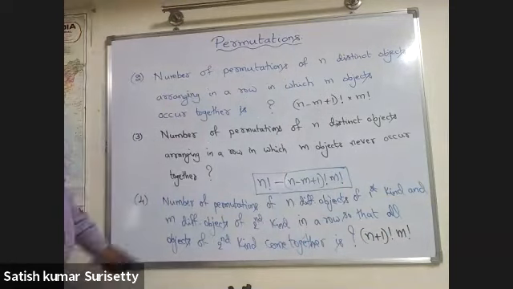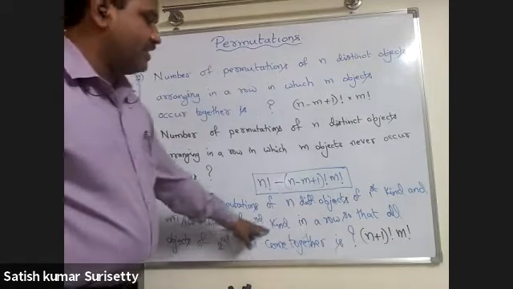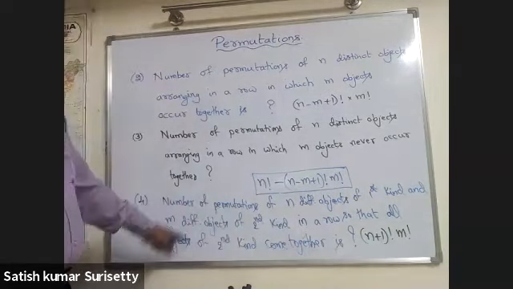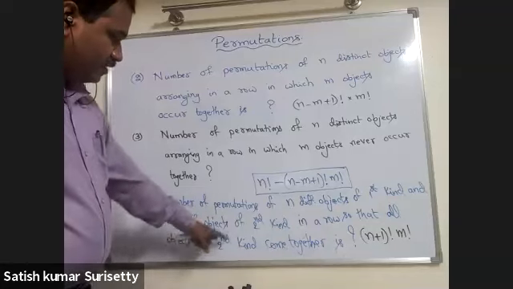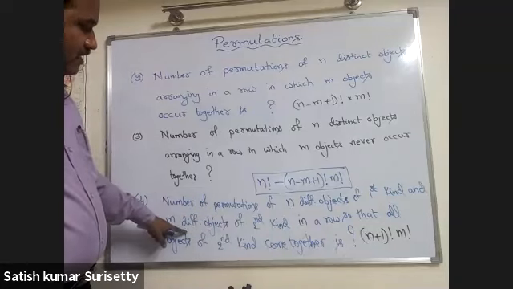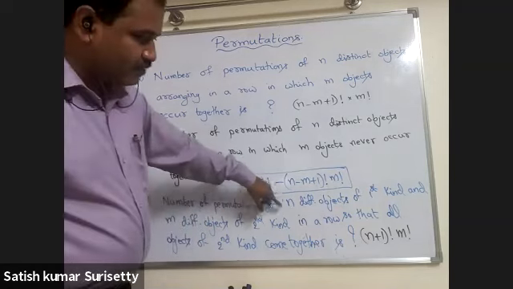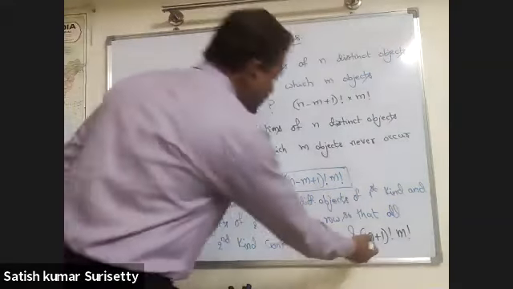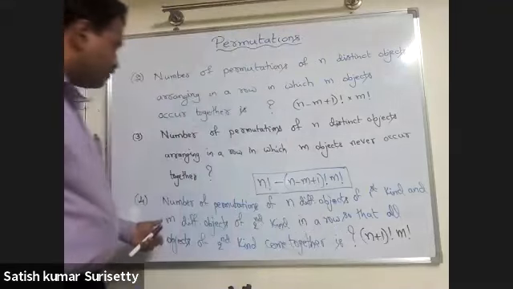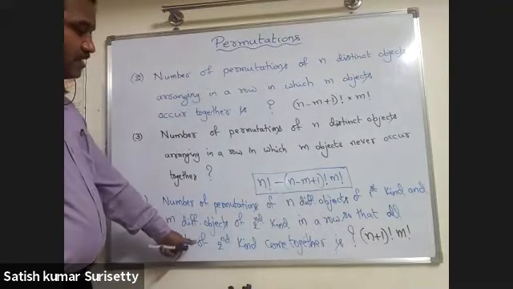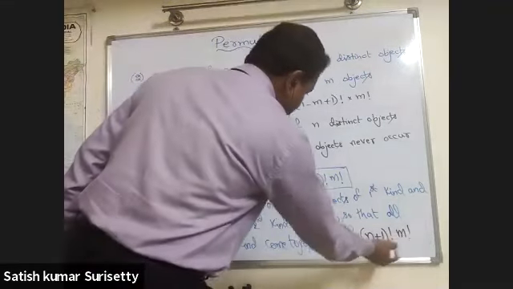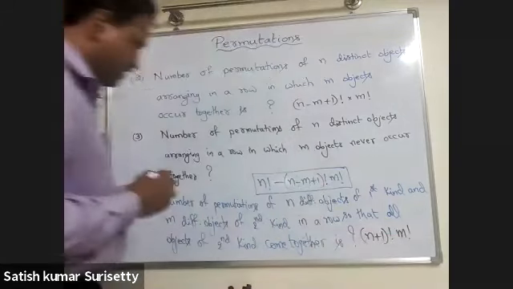Why? Because the m objects of the second kind we want to have together. So these m different objects can be considered as a single object. Then the total number of objects will be n plus 1. So the arrangement will be (n plus 1) factorial. And the objects which are together among themselves can be arranged in m factorial ways. So (n plus 1) factorial into m factorial.